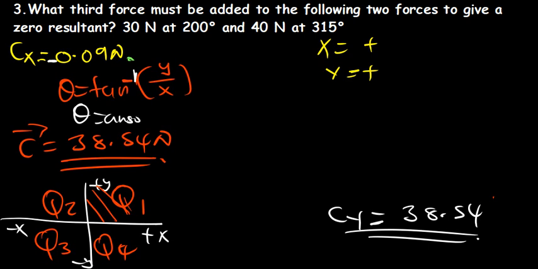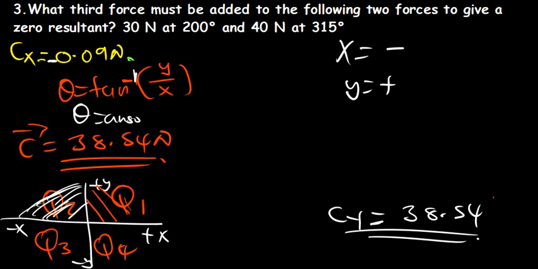What if the x component is negative and the y component is positive, meaning it is in the second quadrant? There y is positive and x is negative. When you find the theta here, you say 180 minus the theta. Then that will be the direction, because we're measuring the angles from the positive x-axis.